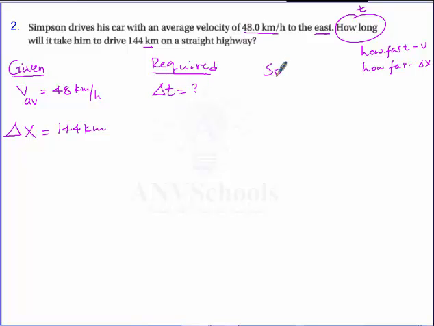Then the solution. Once we pick out the given quantities, the next step is writing the formula. The average velocity is given by the total displacement divided by the time interval. We crisscross this to make the time interval the subject of the formula.